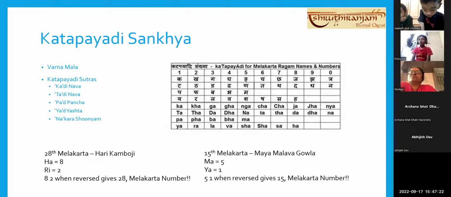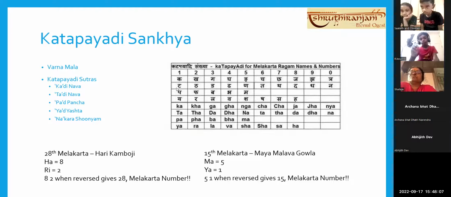So you can see that Ka 1, Kha 2, Ga 3, Gha 4, Nga 5, Cha 6, Chha 7, Ja 8, Jha 9, and then 0, Nya. Okay. So Kadinava, count Ka, Kha, Ga, Gha, Nga, Cha, Chha, Ja, Jha. 9 from Ka, right? And associate the numbers to it. We'll see how they're going to use these numbers later.